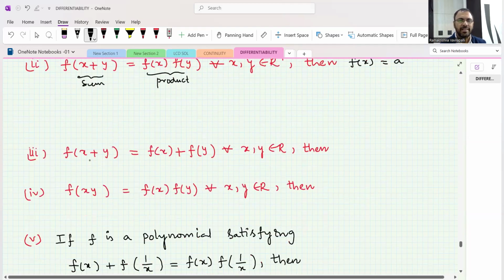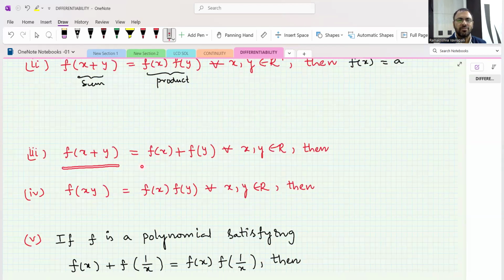And one more, Cauchy's equation: f of x plus y is equal to f of x plus f of y. This is very simple: f of x equals kx. All right. And one more important one is that f of xy is equal to f of x into f of y. The function satisfying this is f of x equal to x power n.